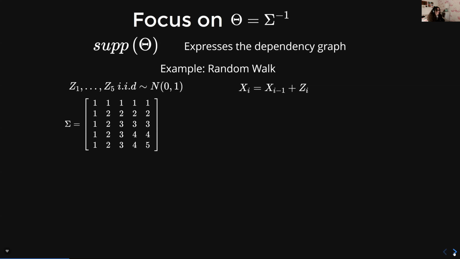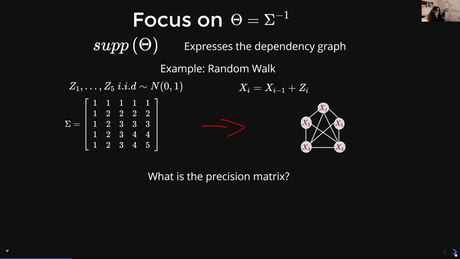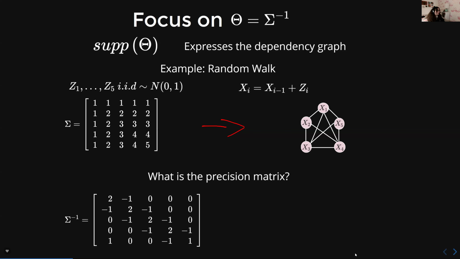What we have here is that the covariance is a full matrix, and this will correspond to a fully connected graph. But actually, if we estimate the precision matrix, it is an easy computation. What we get is a tridiagonal matrix. So this is much more sparse than the covariance, and actually will correspond to a much simpler graph that is just a straight line.